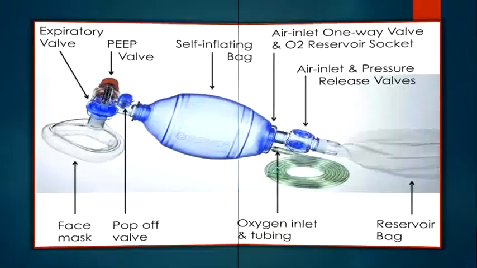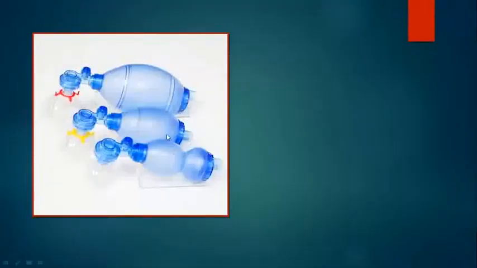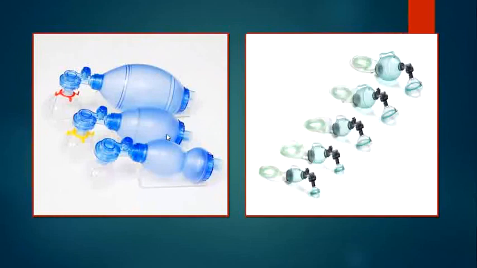Now we have different volumes or different sizes of the bag that are used for neonates, for children, and for adults. It also may come in different shapes, but the same principle of action for all types. The face mask is triangular or rounded, it is the same.